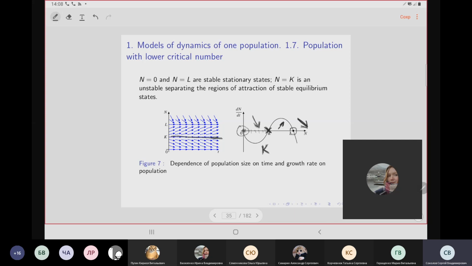There are some populations that now are close to this lower critical number, and there are some existing populations. They did not disappear yet, but we understand that they are disappearing right now.